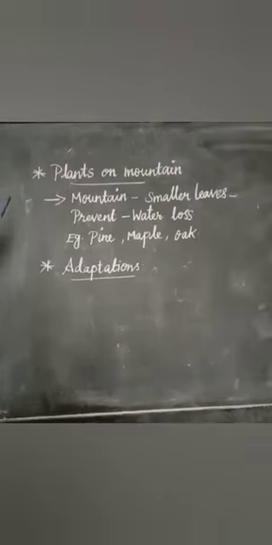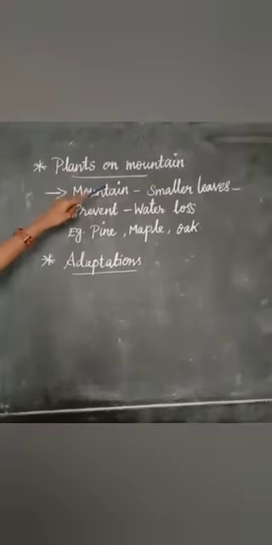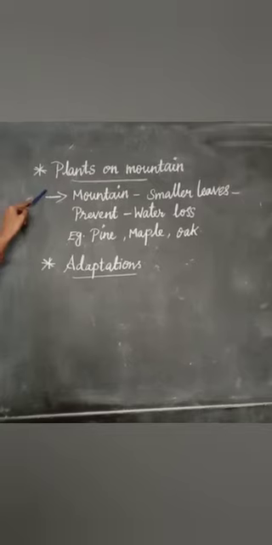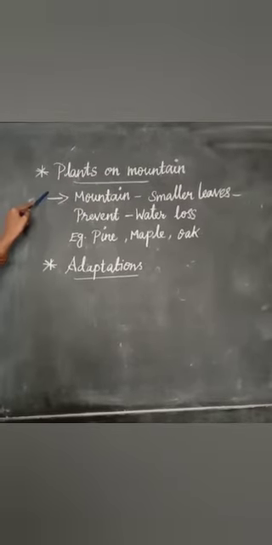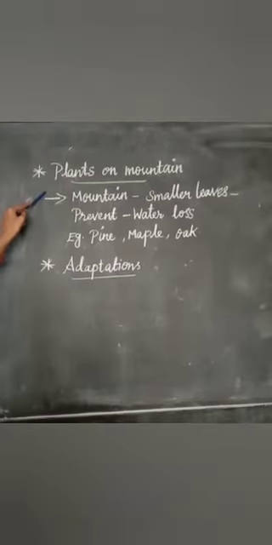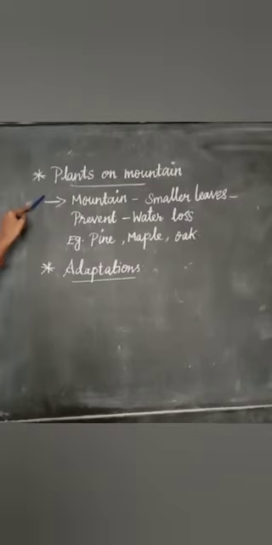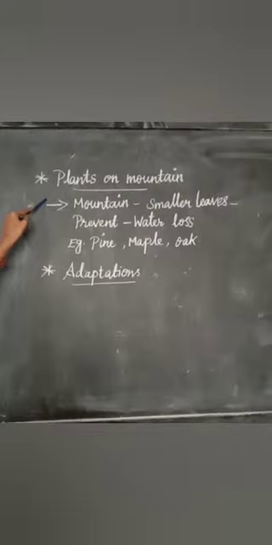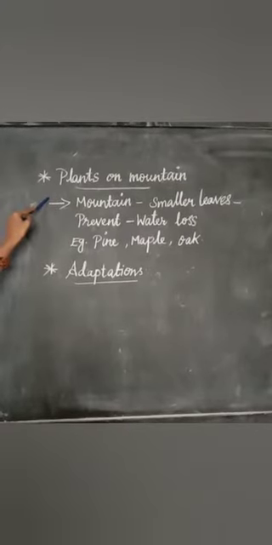And next we are going to see plants on mountains. So students, tell me, have you ever visited Ooty or Kodaikanal? Okay, good. And what type of trees have you seen in that particular region? So yes, very good. Very tall trees with smaller leaves.